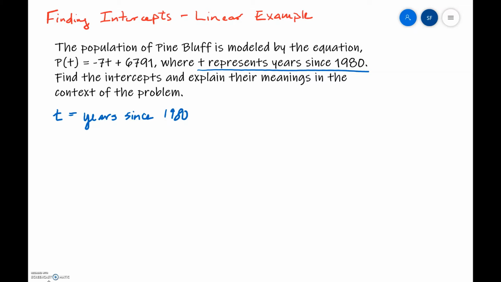When t equals 1, that represents the year 1981.